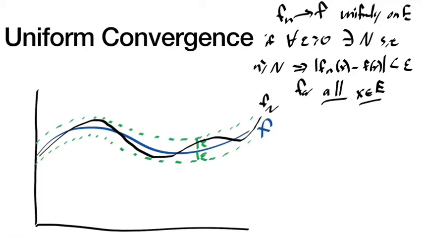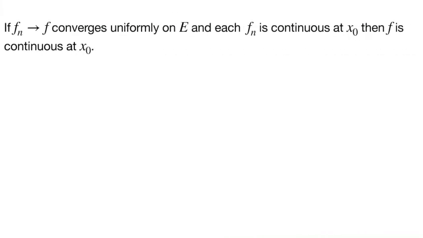Uniform continuity meant that we try to pick one delta value that works for the entire domain instead of picking a different delta value for each point in the domain. Here, we're picking one capital N value that makes the function converge on the entire domain instead of picking separate n values for each point on the domain.